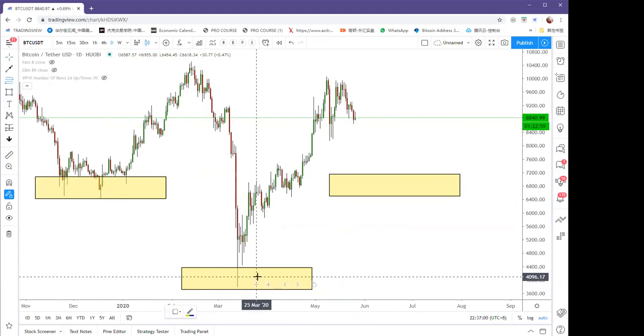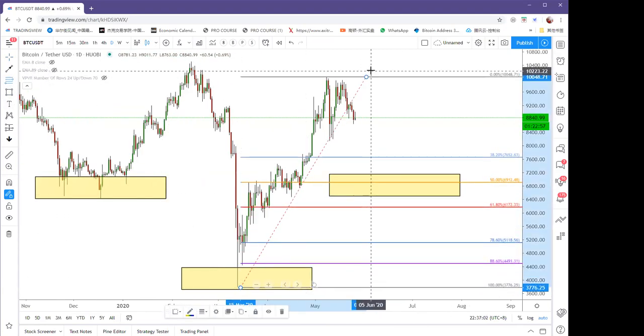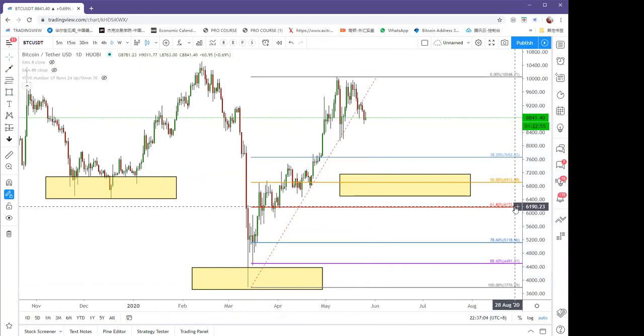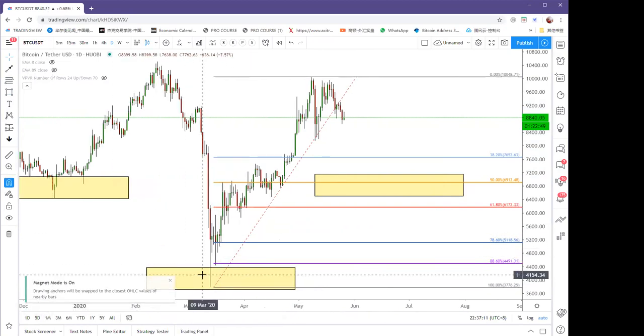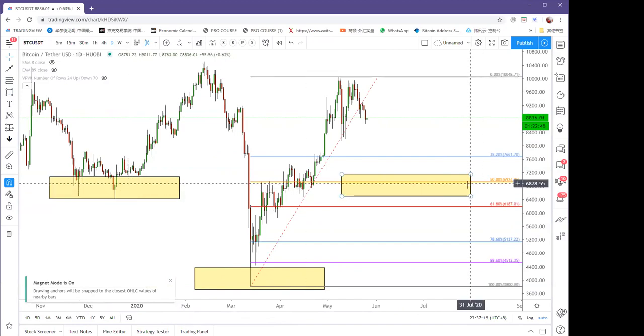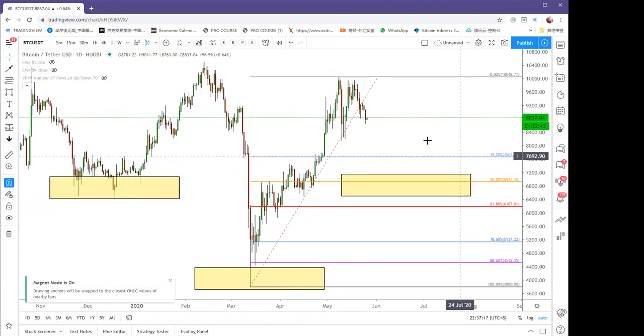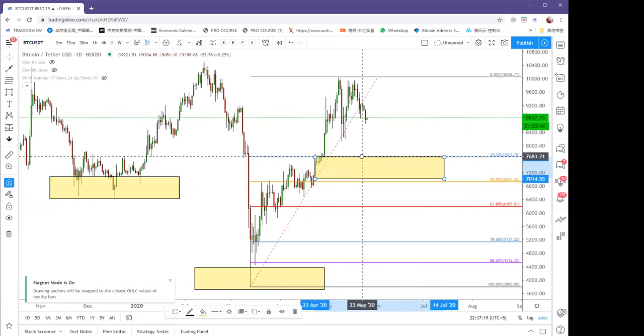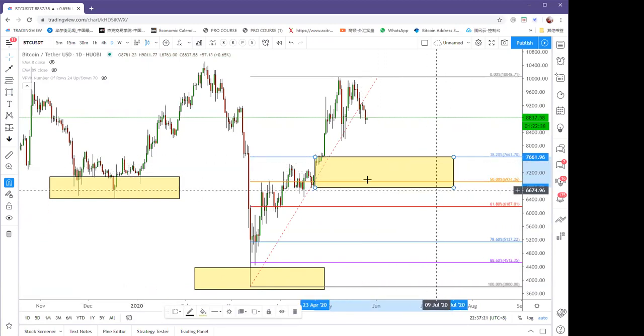If we measure the 618, about 6,172, but it may not go into that low. So I will use 6,700 to 7,600, this zone, to start to buy the Bitcoin.